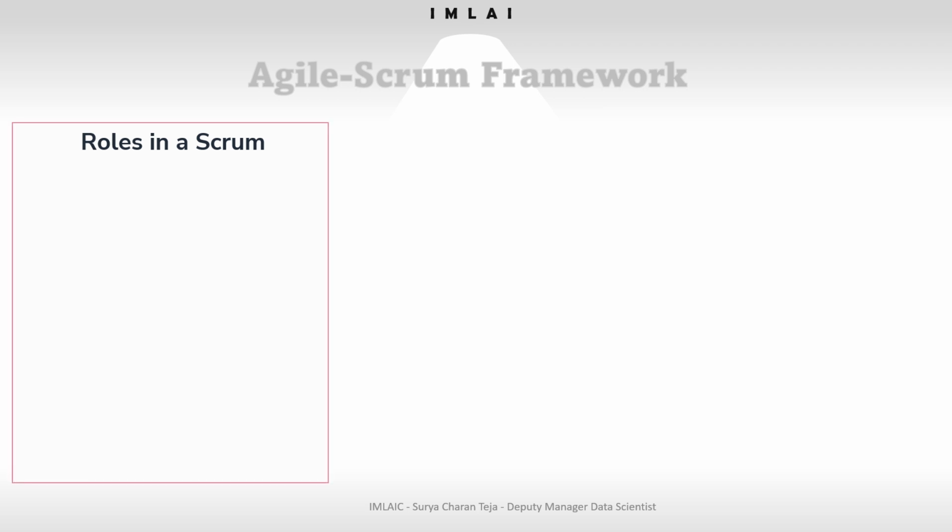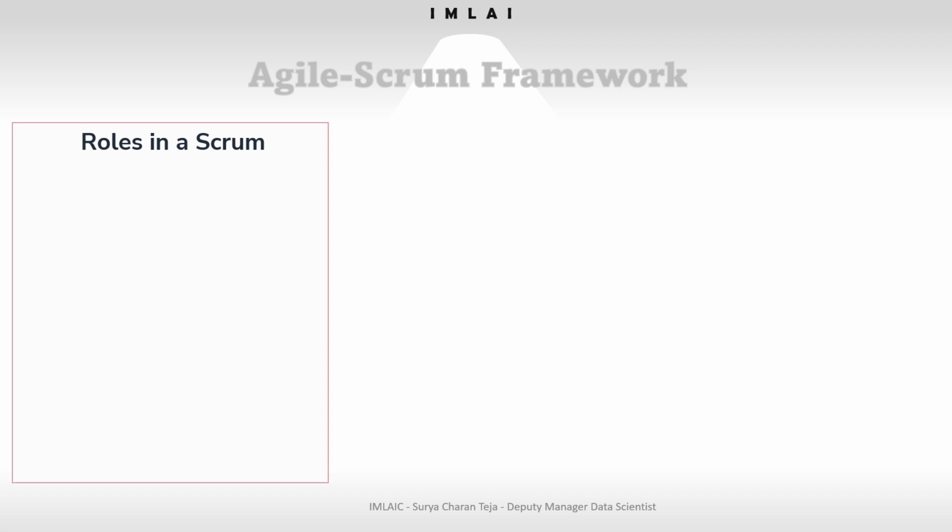Now we have come to the terminology of Scrum, that's called sprint. The shortest cycles that we discussed in agile methodology in our previous sessions are known as sprints in the Scrum framework.